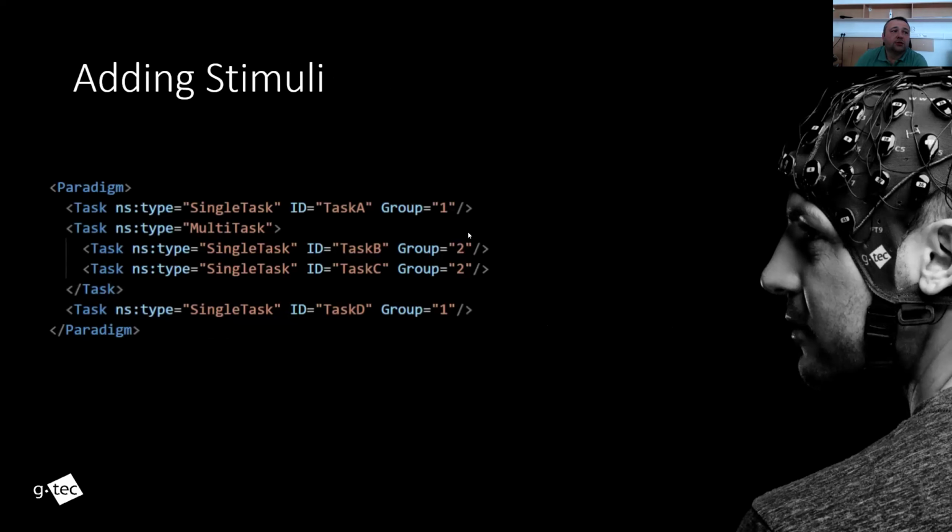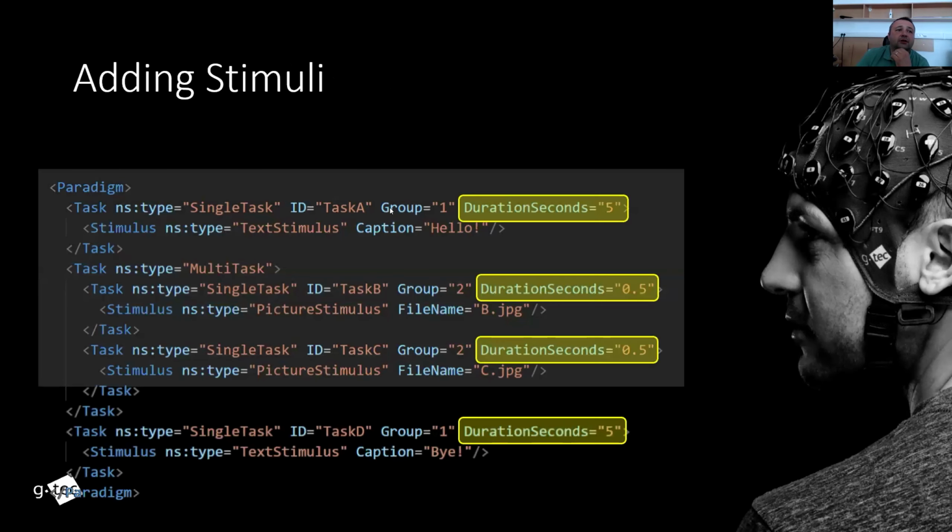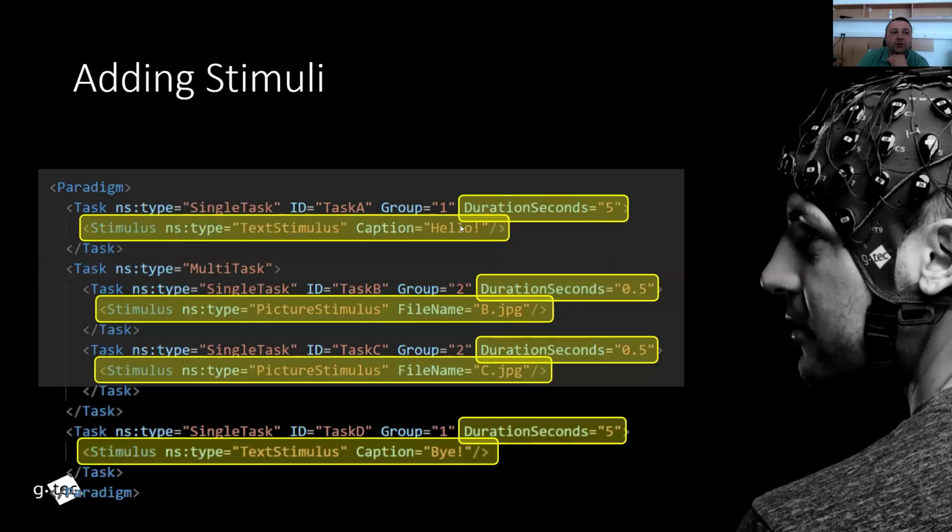Okay, so these are the stimuli tags, a very simple one. First, we start adding the duration in seconds for every single one. So let's say the first stimulus is the caption hello.